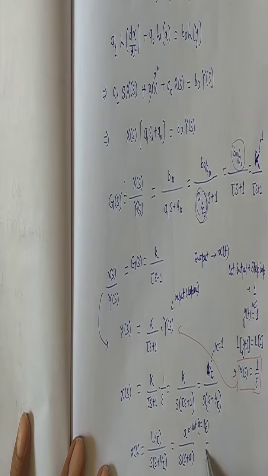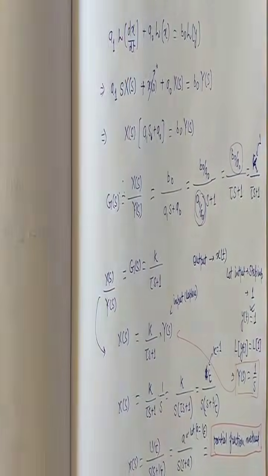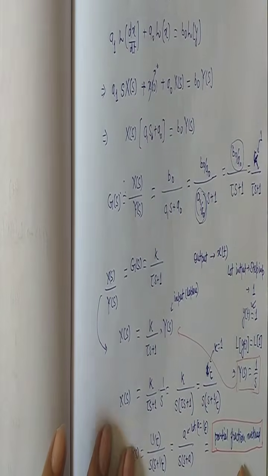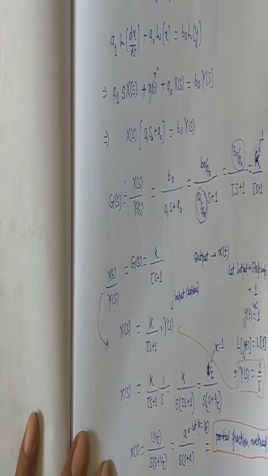Now what we do, we go by partial fraction. Either we can go by the partial fraction method, or we can directly use my appendix to get the values, but I will go by the partial fraction method.